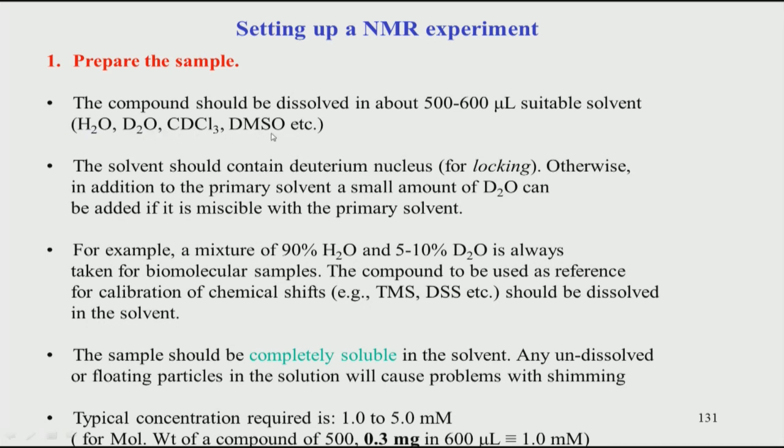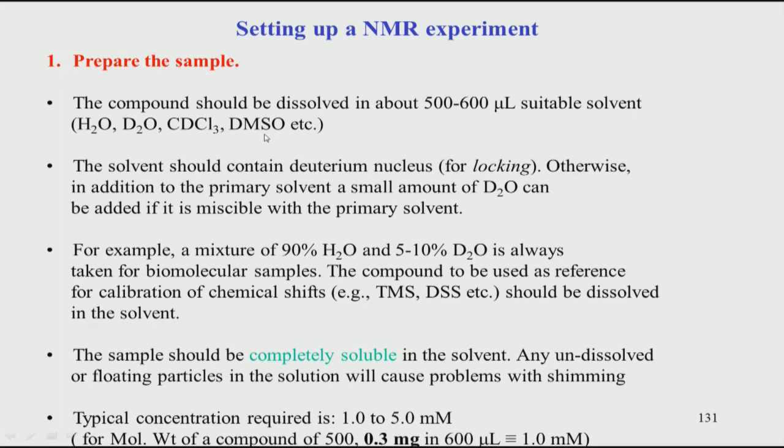Based on the type of your molecule, its solubility and so on, the solvent will vary. Typically, if you are looking at biomolecules like proteins, carbohydrates or nucleic acids, we use the standard solvent, that is aqueous medium, which is H2O, and sometimes we also use D2O, heavy water, an isotope of proton, sometimes for certain reasons, which we will see later. So, these are the two, both aqueous kinds of solvents.